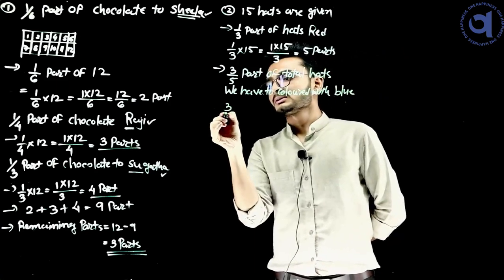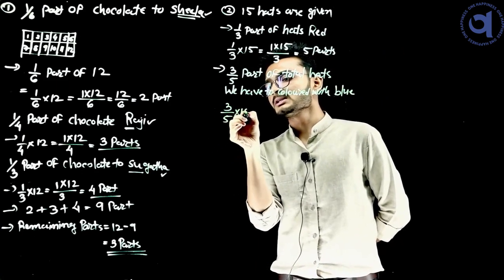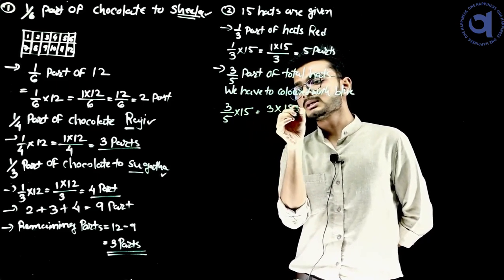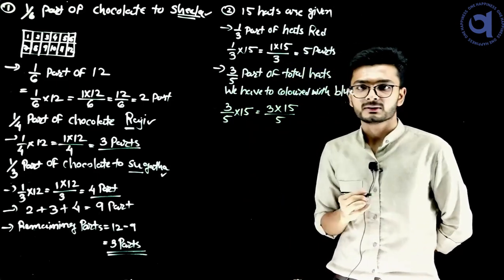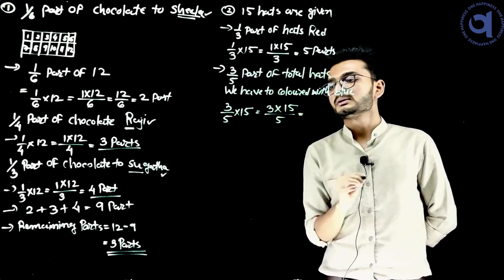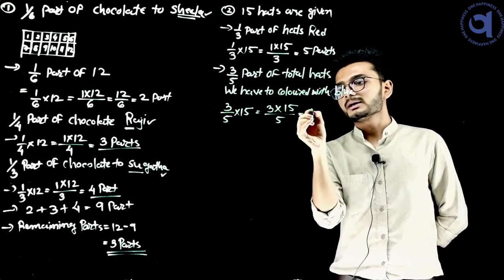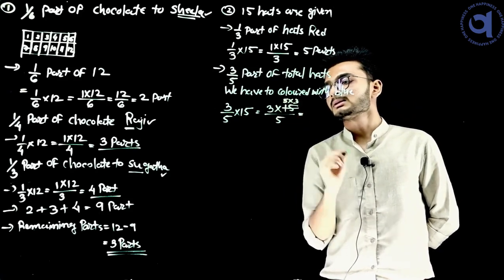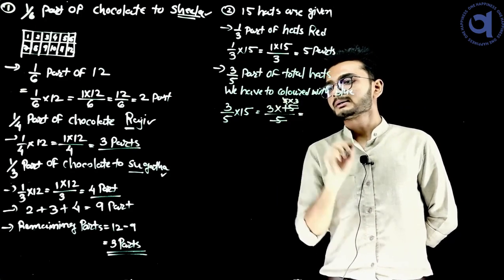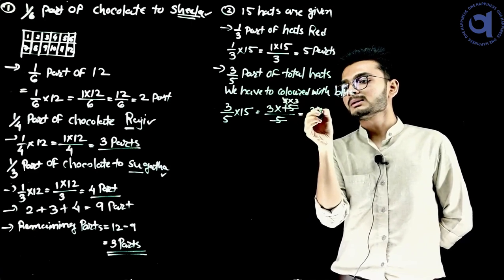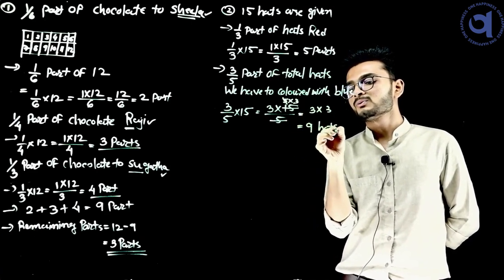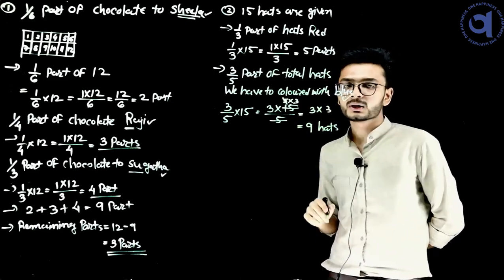So 3/5 part of 15 is equal to 3 multiplied by 15 divided by 5. Let us calculate: 15 is equal to 5 multiplied by 3, and 5 cancels out. Over here 3 multiplied by 3 is equal to 9 hats. We have to color these blue.